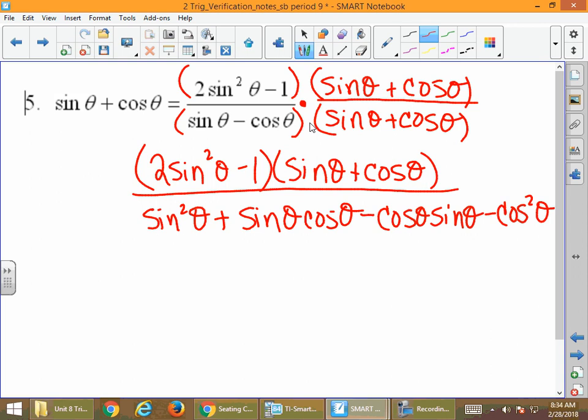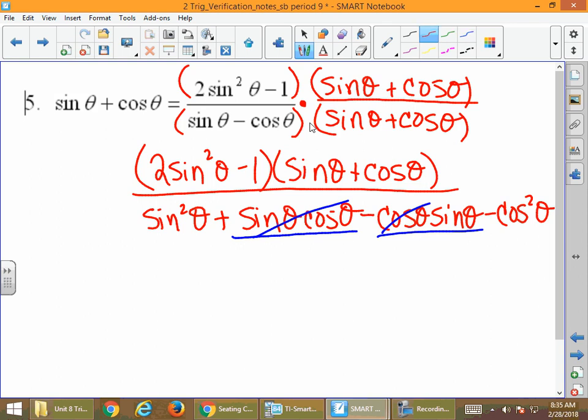Or double distributive property. But you might start seeing this pattern here, because we've got plus sine theta cosine theta minus cosine sine theta, and I know they're in different orders, but this sine theta in the first term is the same as that sine theta in the second term, and this cosine theta in the first term is the same as that cosine theta in the second term, and one of those terms is positive and one of those terms is negative, and they cancel out.